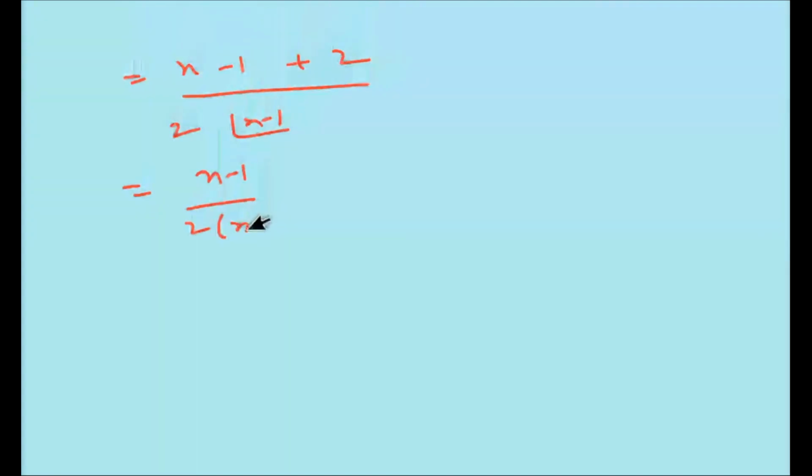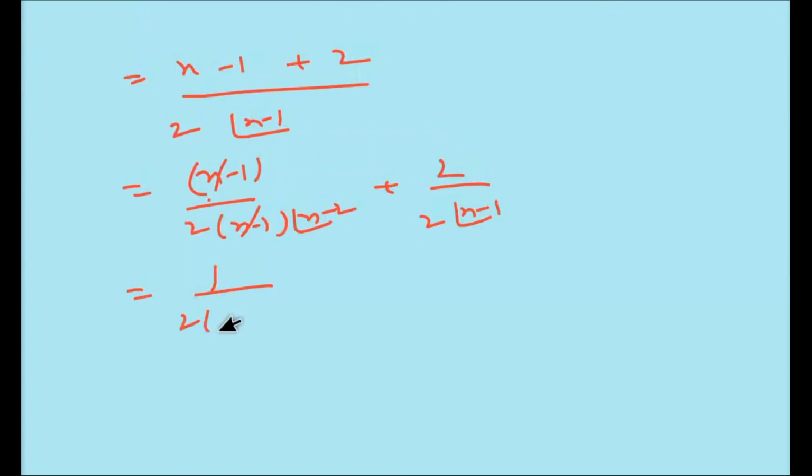So we can write here (n minus 1 plus 2) upon 2 factorial n minus 1. So we can write 1 upon 2 factorial n minus 2 plus 2 upon 2 factorial n minus 1. Okay, we can separate this, and factorial n minus 1 opens so that this is cancelled. So what we get, 1 upon 2 factorial n minus 2 plus 1 upon factorial n minus 1.